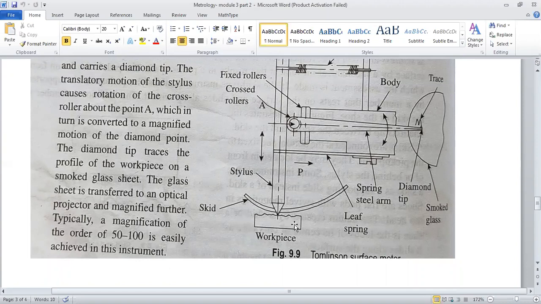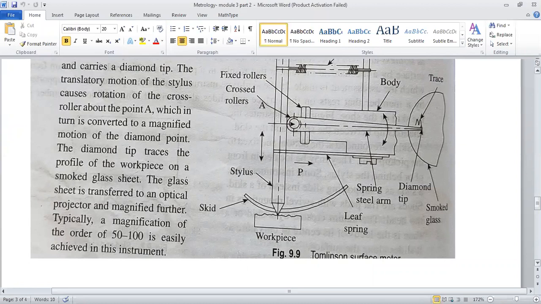Here the stylus traces the workpiece, and it is magnified by glasses several times, and it also gives the image traced by the diamond tip in the shadow picture. So with the combination of these, we can get a very accurate and precise result.